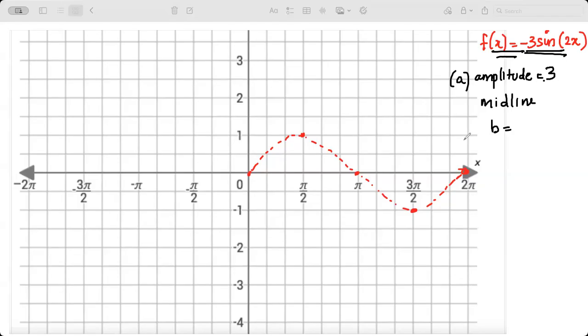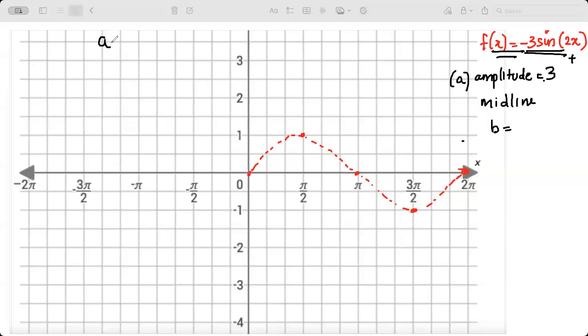Midline? On the transformed one. Yes, everything is on the transformed one now. See, plus D is your midline. D is always the midline.